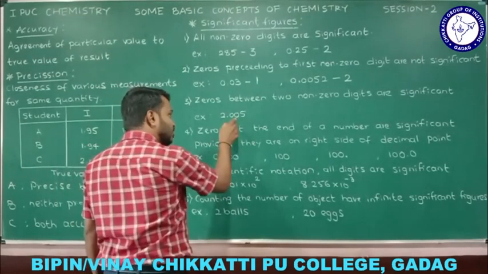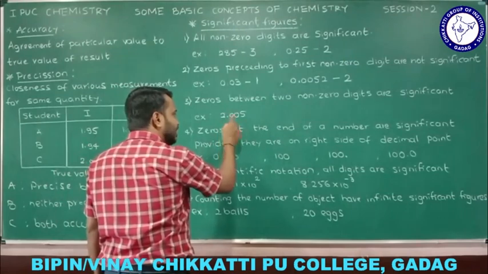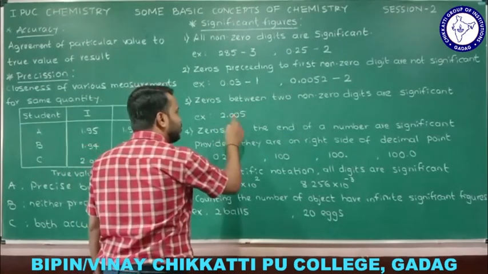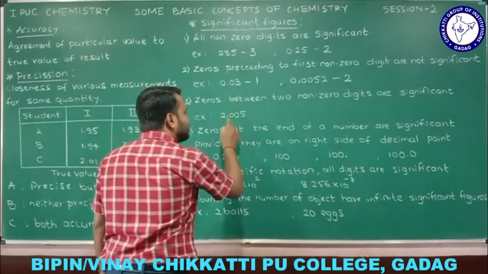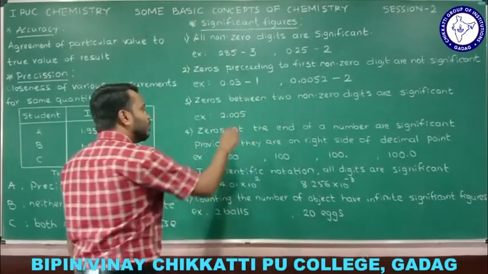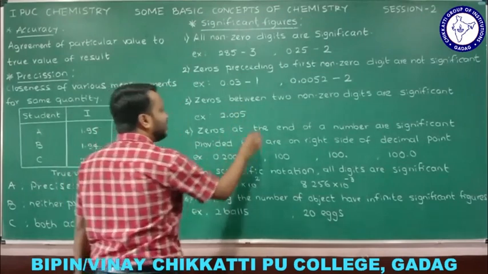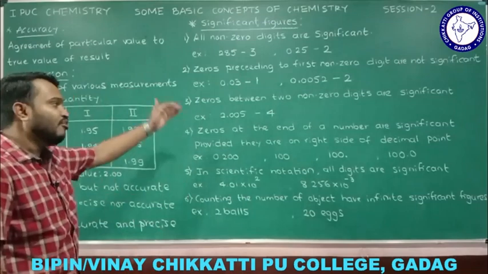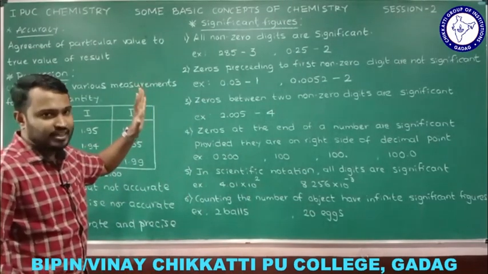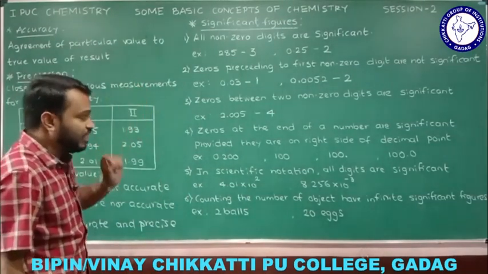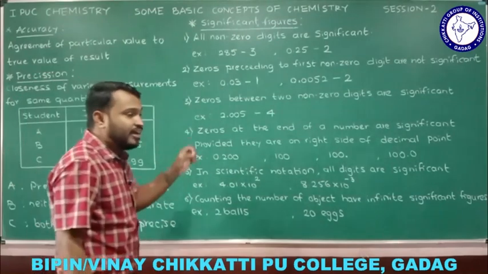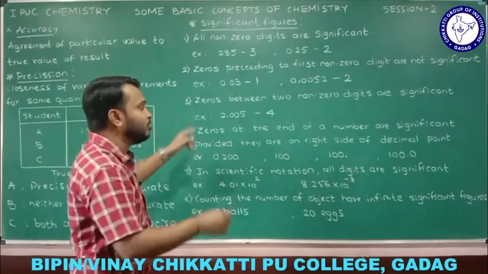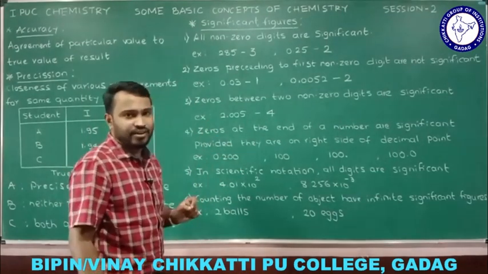Of course we have zeros, but these zeros are in between two non-zeros, and you need to consider them because they are significant. Therefore the number of significant figures we are going to get is 4. So you should know about that. If you have a 0 in between two non-zeros, you need to consider it as a significant figure.